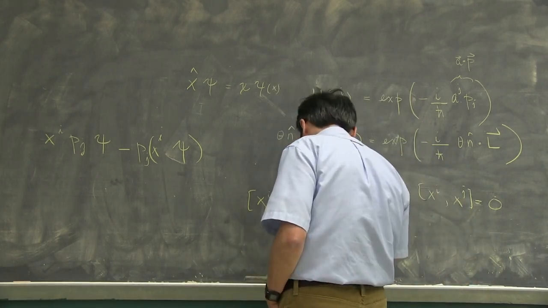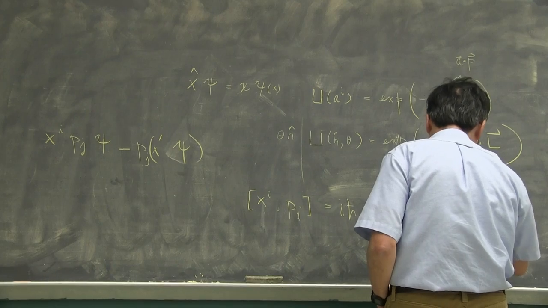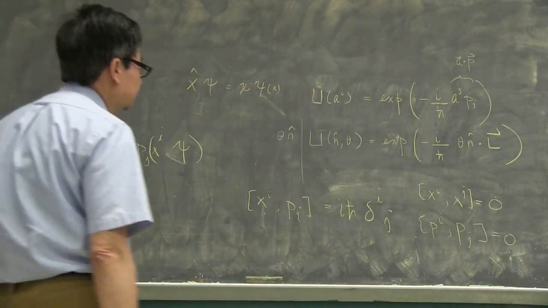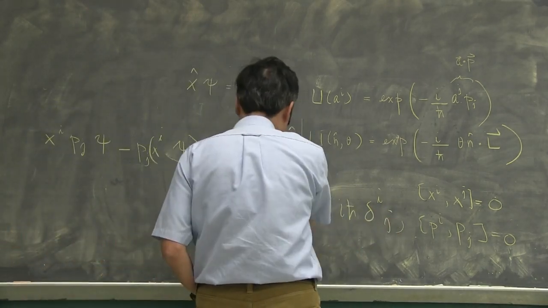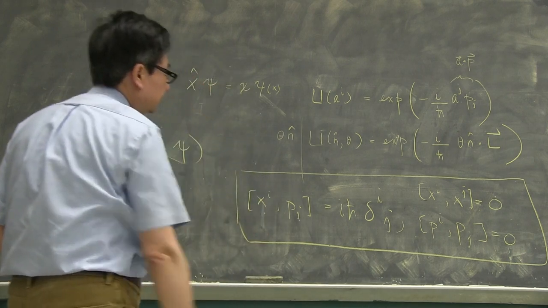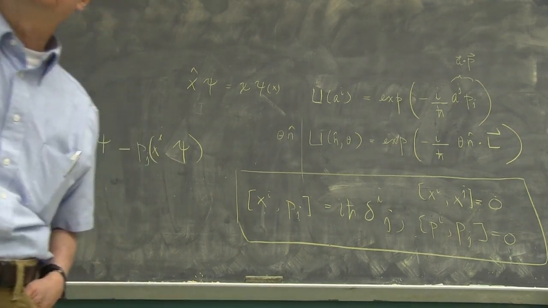The x's commute among themselves, the p's commute among themselves, but the x and p don't commute. So these are the important non-commutation, so-called commutation relationships for quantum mechanical operators.